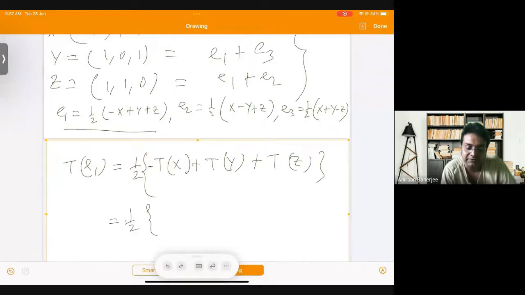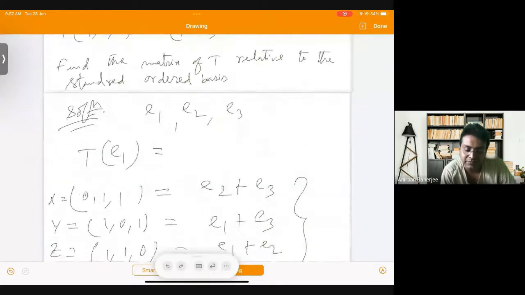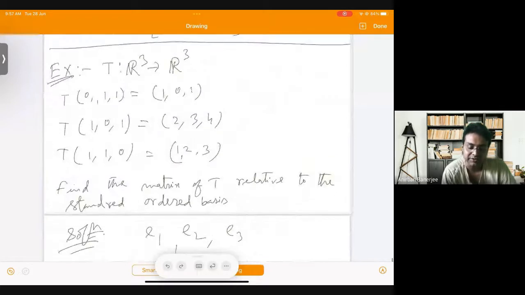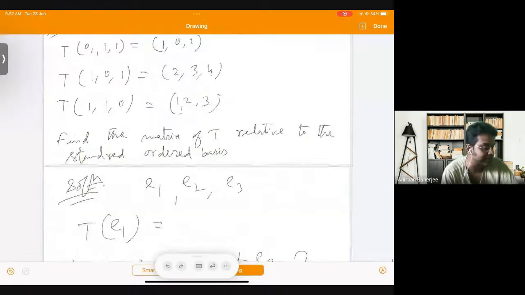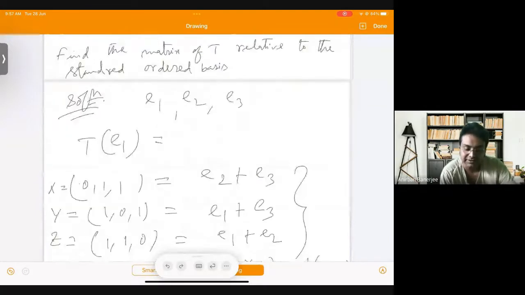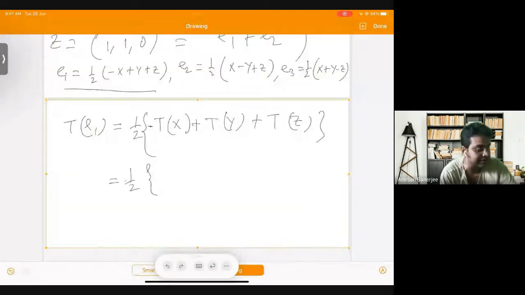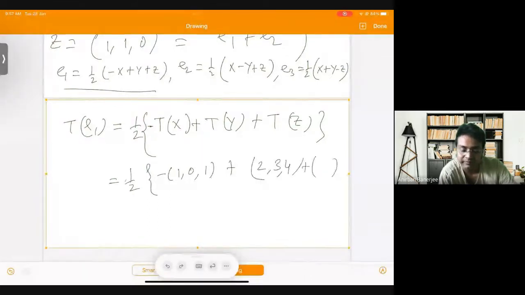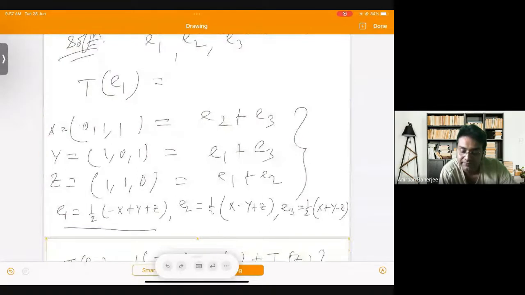And T of x is given, the first one, and T of y and T of z are given. Now we are just applying this. So it will be minus 1, 0, 1 plus 2, 3, 4 plus 1, 2, 3. That's what we have.